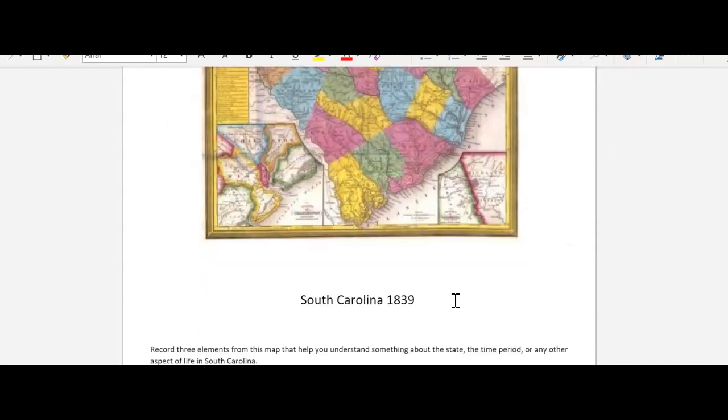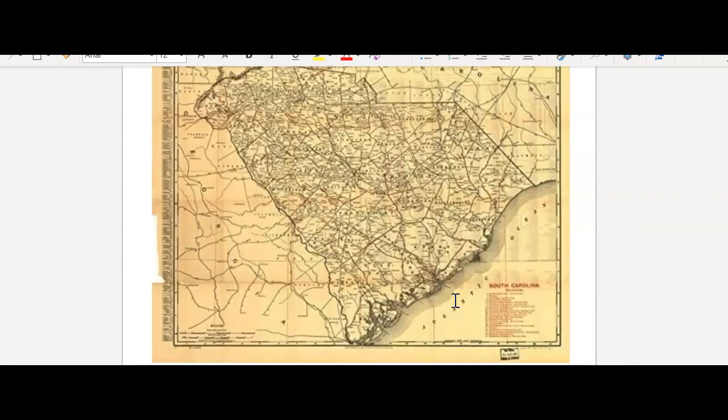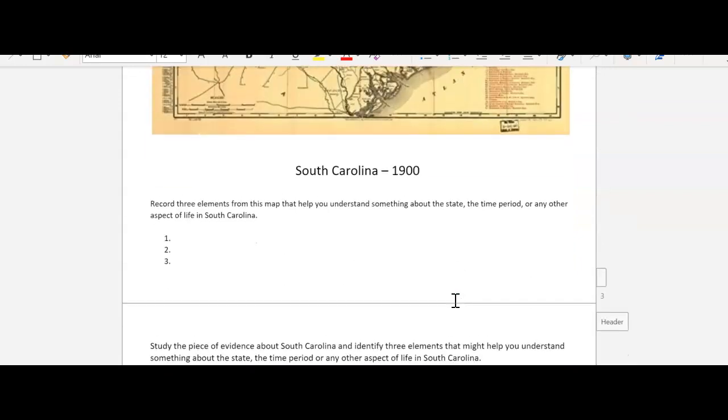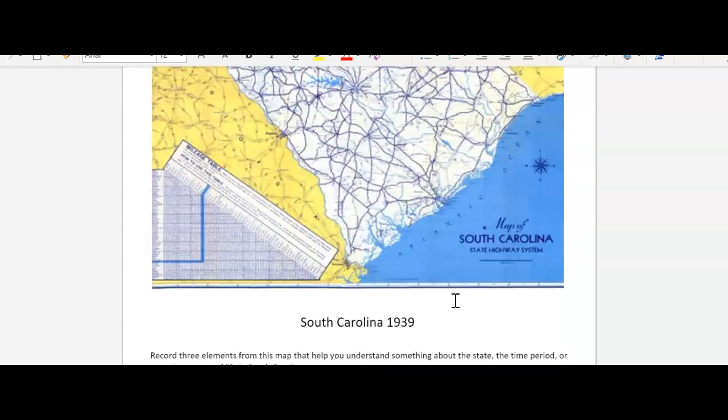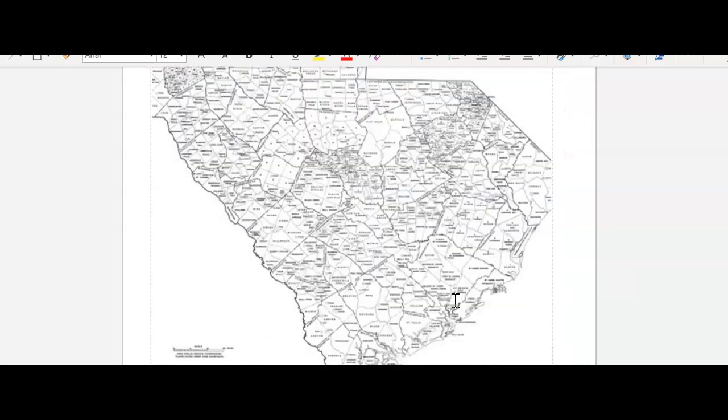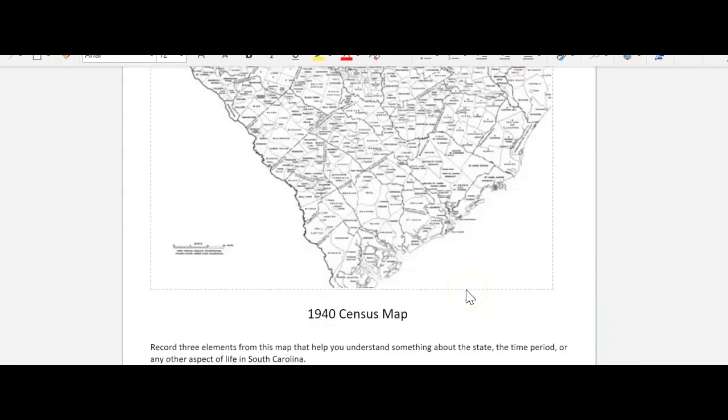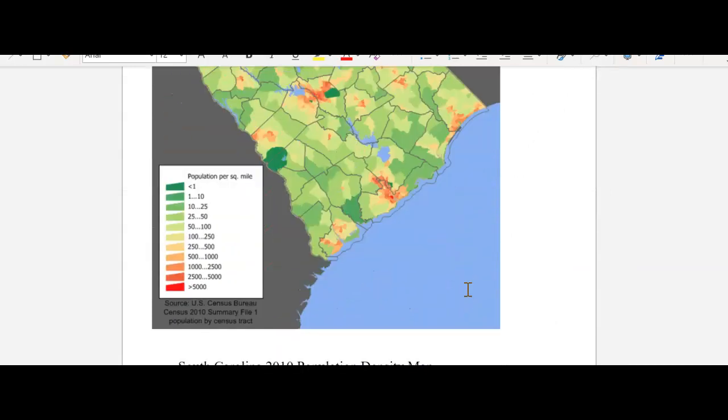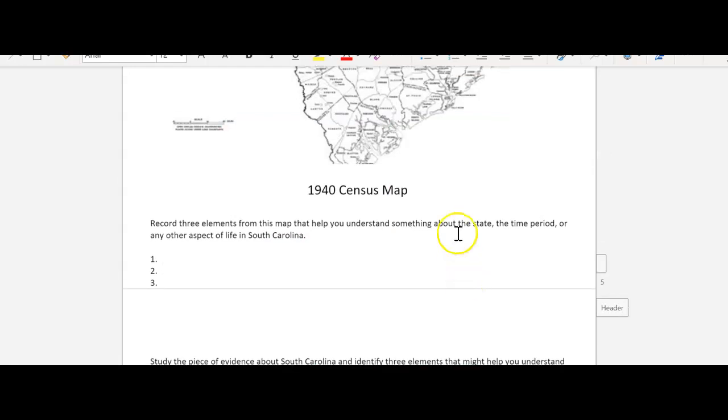And so we have several pieces of evidence here for the students to do that with. Okay, so a variety of maps. Now, it's recommended that you print these maps in color, so that you have them available for student use and for future use, so that you're not having to reprint these every year.